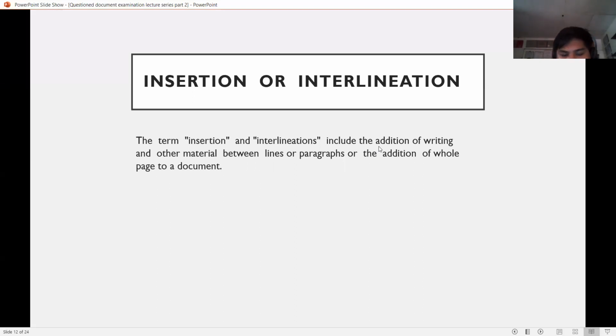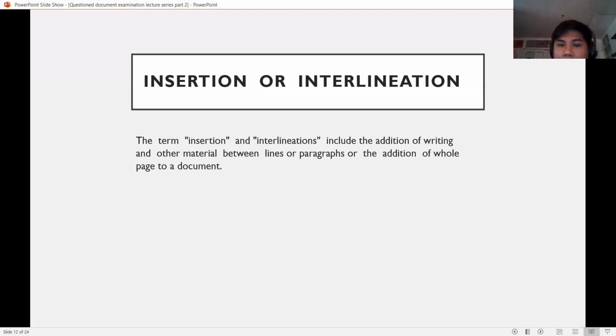Next, we have here insertion or interlineation. The terms insertion and interlineations include addition of writing and other material between lines or paragraphs, or the addition of a whole page to the document. Let's just say in a document, you add something between the lines. Let's say there is a big space, then the next word follows, and in that big space you add something.